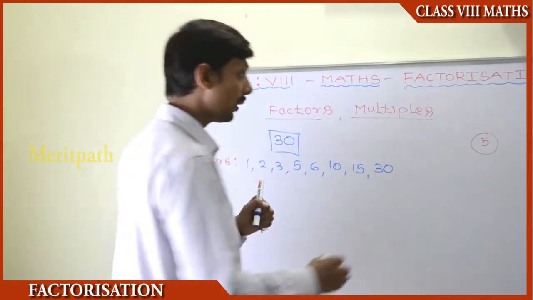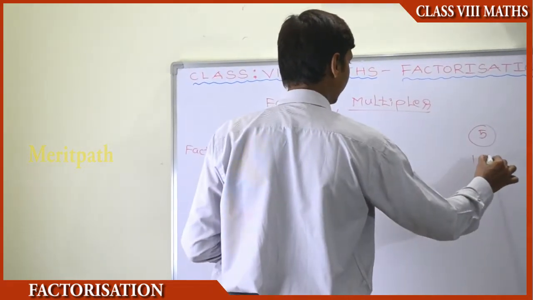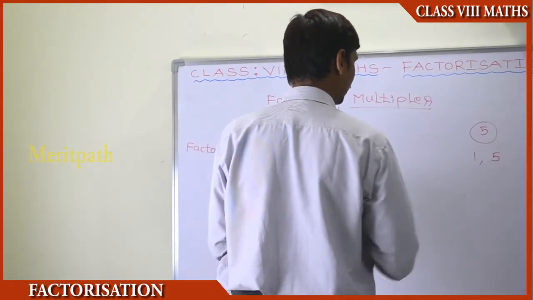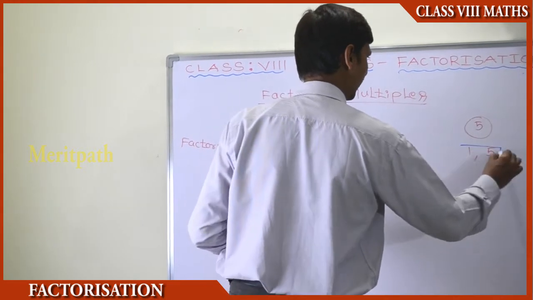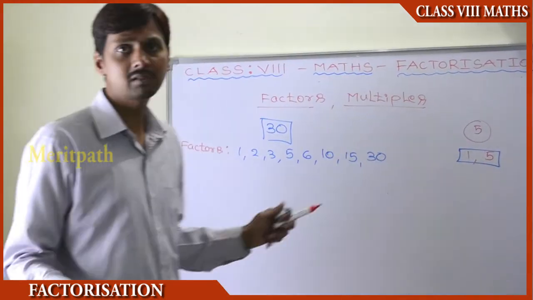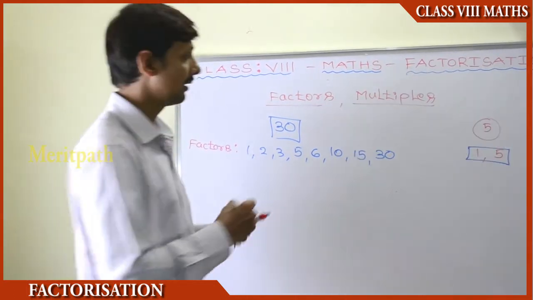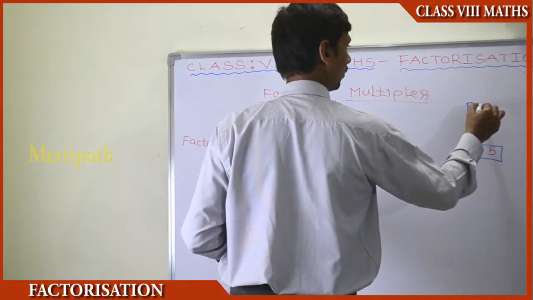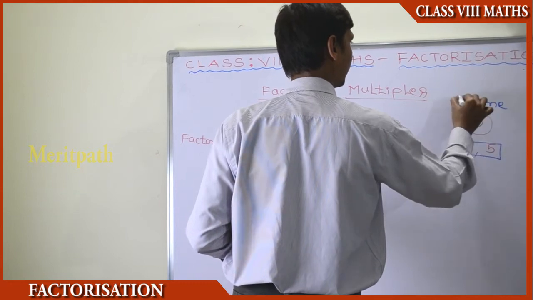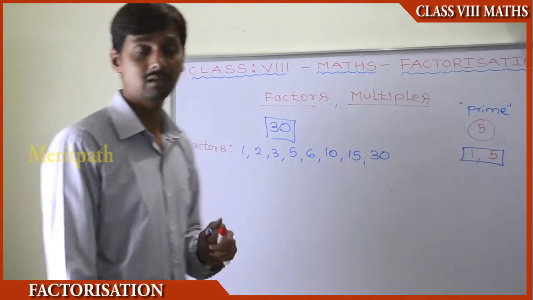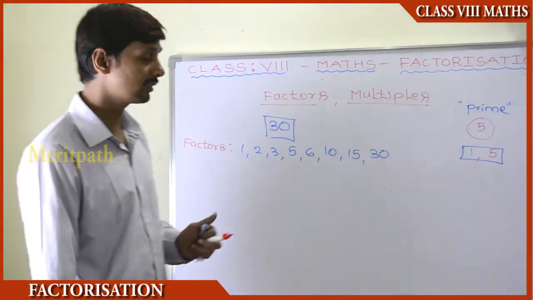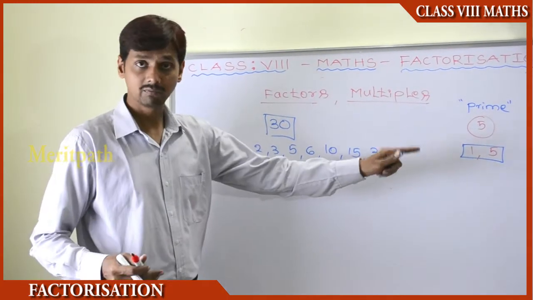It is divisible by 1 and by 5. Except these two numbers, no other number divides 5. So this kind of number is called a prime number. We have already discussed prime numbers in the previous class.